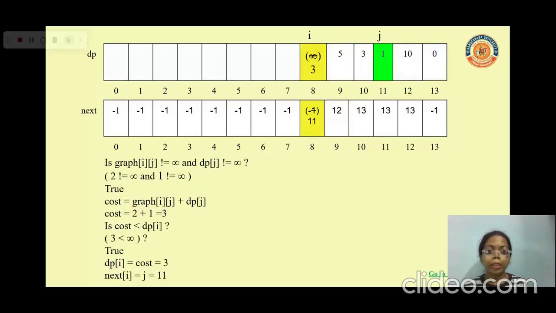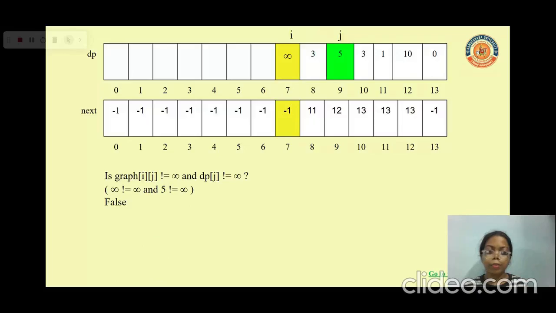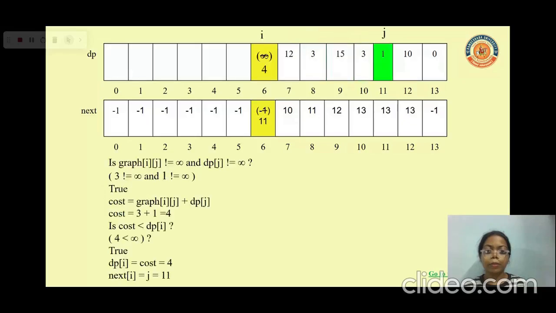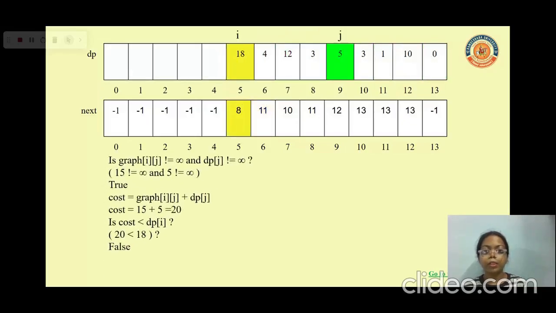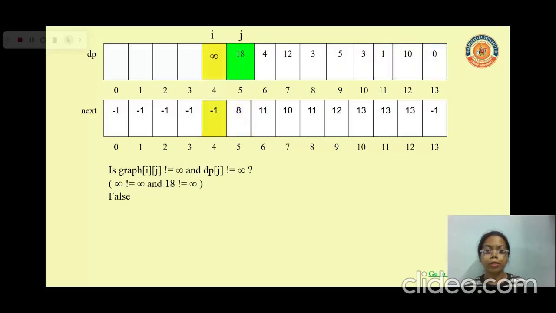As there are too many iterations present here, I will be skipping it. In the presentation, I have included each and every iteration which is possible here.